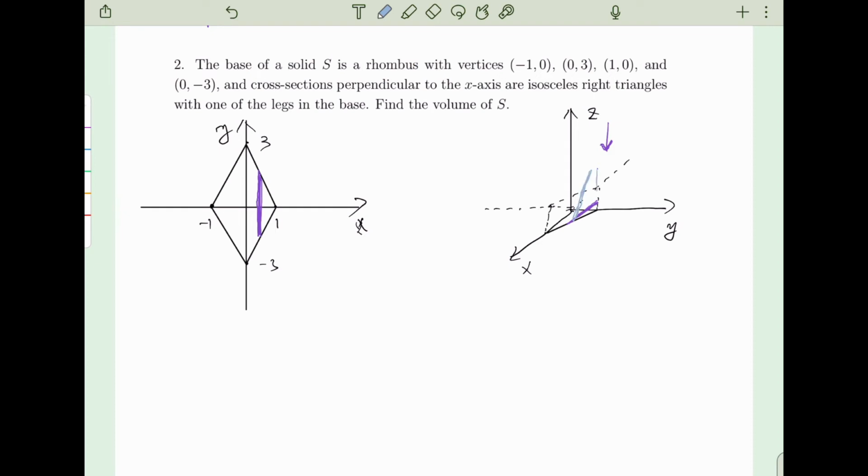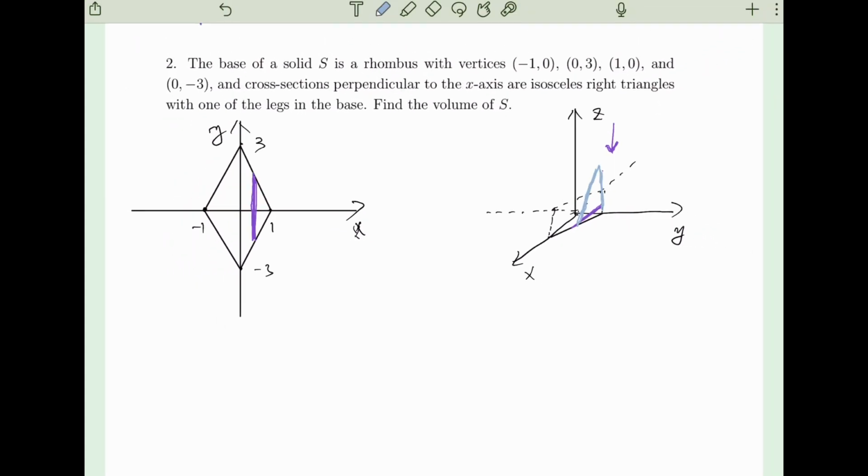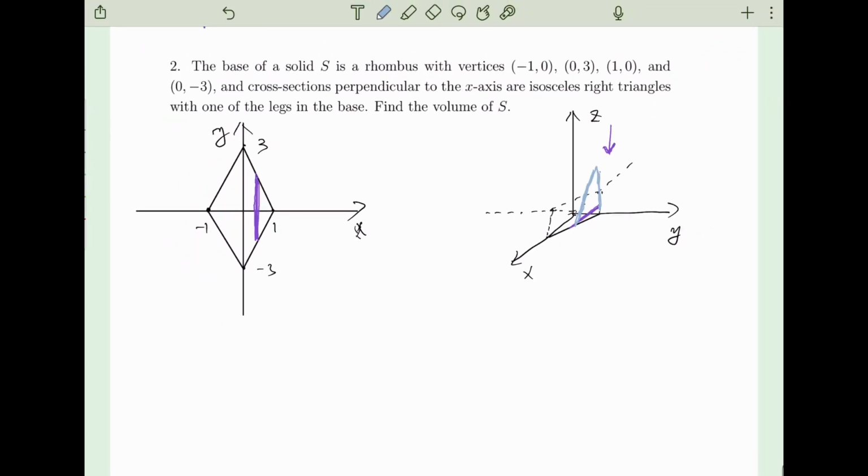See? The purple leg there is the projection on the 2D XY plane. And since it's isosceles, this leg is equal to this leg. Okay, so that's what this means here.